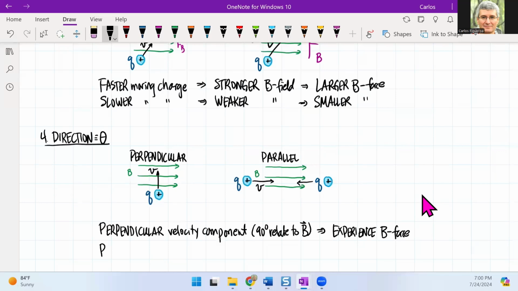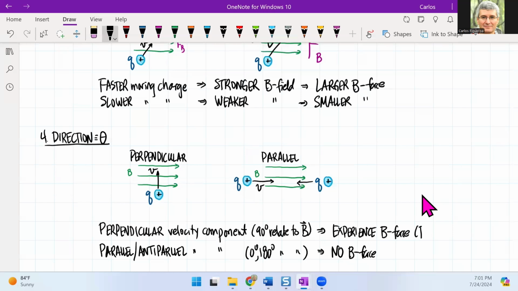If you have a parallel or anti-parallel velocity component, and that means either 0 or 180 degrees relative to B, then there is no magnetic force.